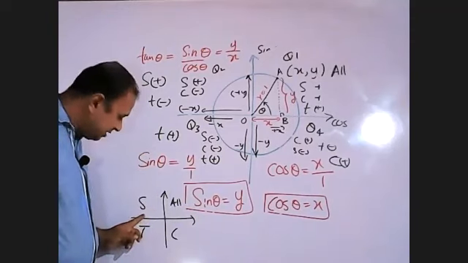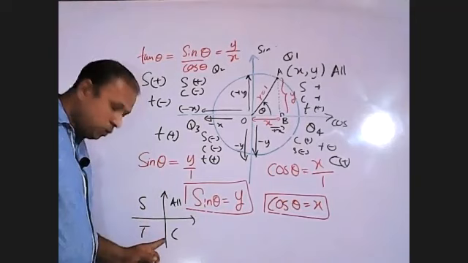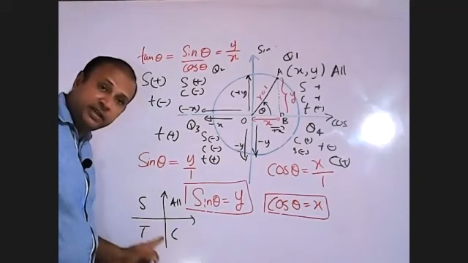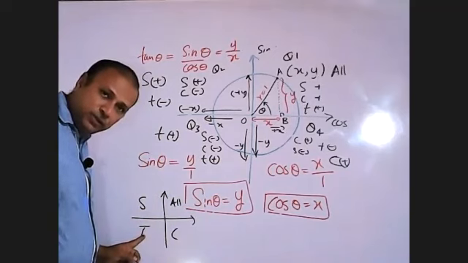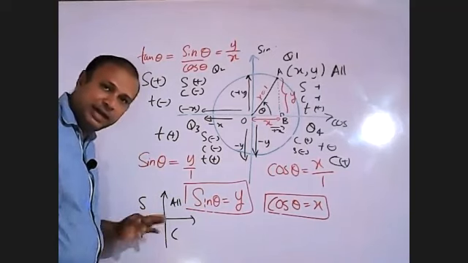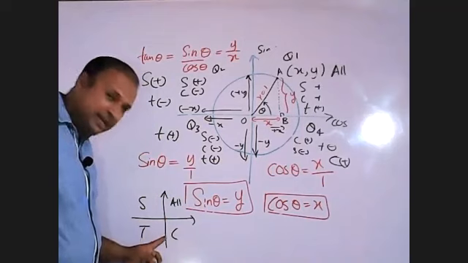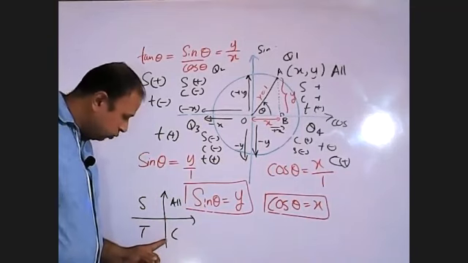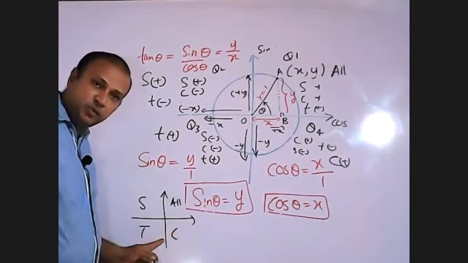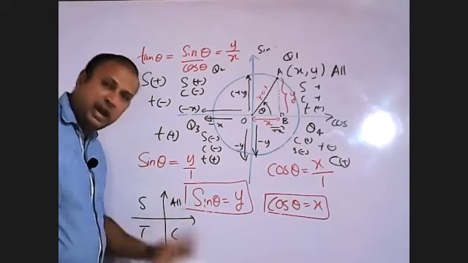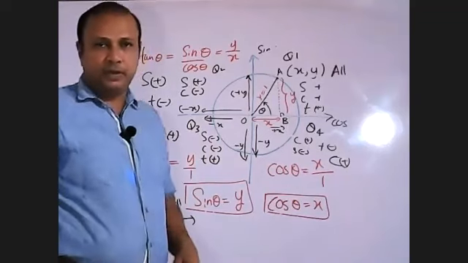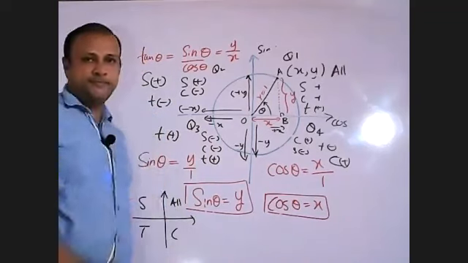For the angles between 180 to 270, tan values are positive, other two values are negative. For the angles from 270 to 360, cos values are positive, other two are negative. That is the meaning of this.